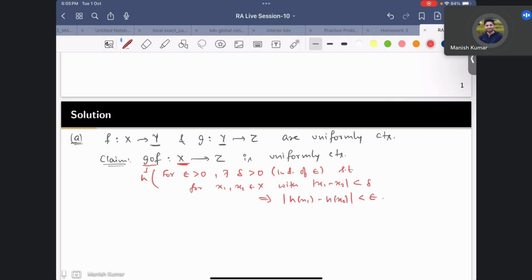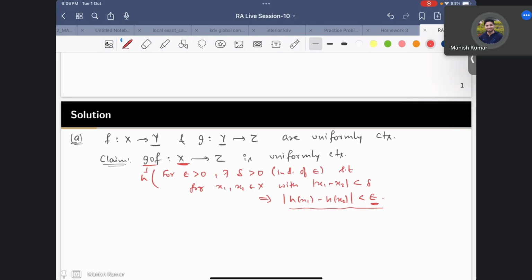So if I choose two points from the domain which are close enough, then my functional value has to be close as per my desire, because this epsilon is something that I can choose. This closeness is according to me, however close I want, I can make it, given that my points x1 and x2 are sufficiently close. What is different from continuity is that over here it's true for all pairs x1 and x2.